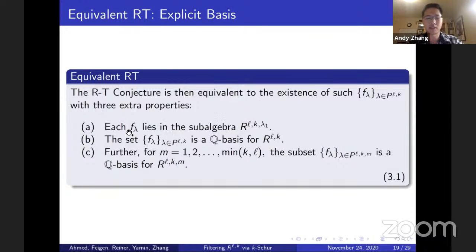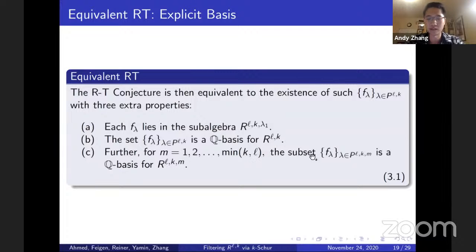The first property is that for each lambda, F_lambda should lie inside the subalgebra R_{l,k,lambda_1}. So this is saying that it should behave well with respect to the filtration. The second property says that this is an additive Q-basis for R_{l,k}.